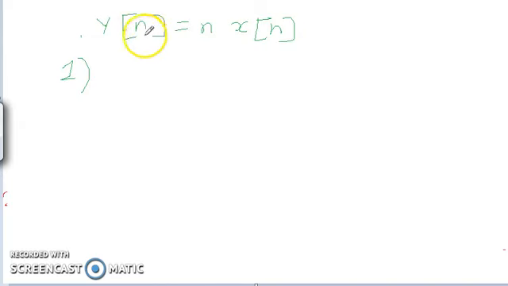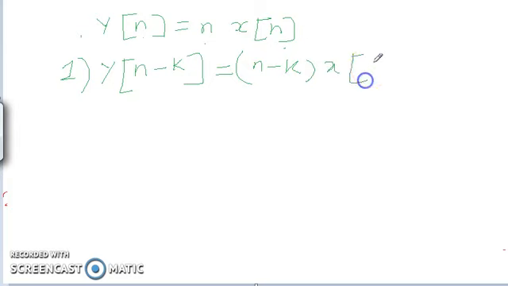We do it for each n present in the equation. So y at the n minus k instant will be equal to (n minus k) times x[n minus k]. This is my first equation.